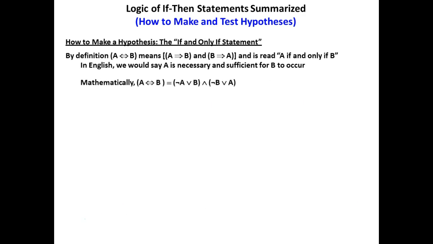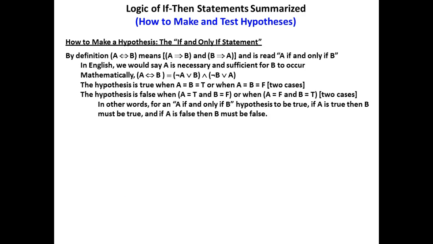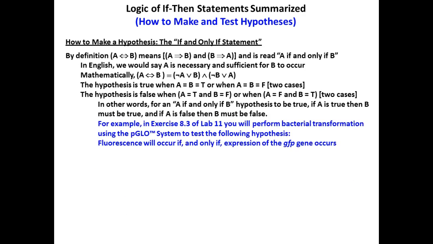So, I'm trying to remember. This just reiterates. For an example, later on in the semester in Lab 11, we're going to look at the Piglo system, and we're going to look at fluorescence. In fact, one of the organisms we have produces a pigment that's fluorescent, Pseudomonas aeruginosa.